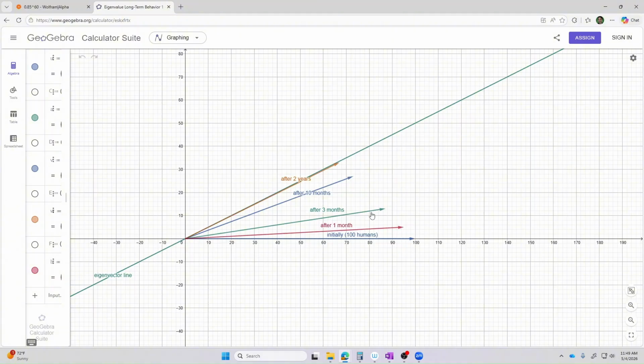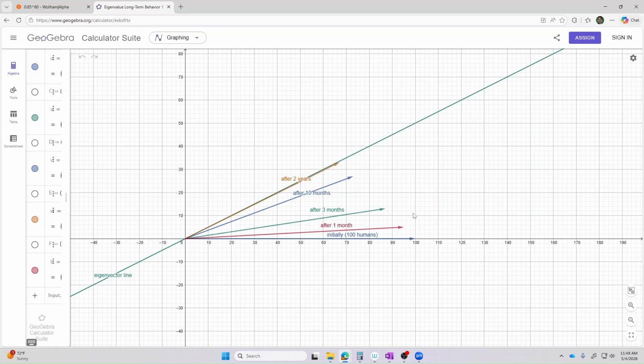After 3 months, the number of humans has decreased further and the number of zombies has increased further. 10 months have passed, and now the number of humans is maybe around 70 or 71, 72. And as time goes on, we're seeing these state vectors begin to converge upon this straight line here.